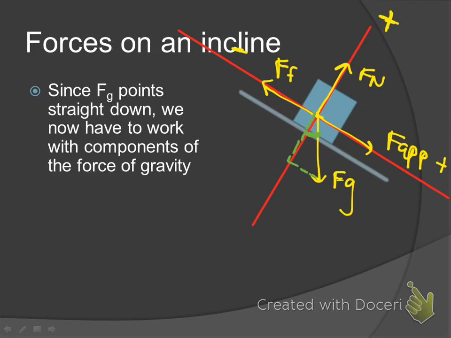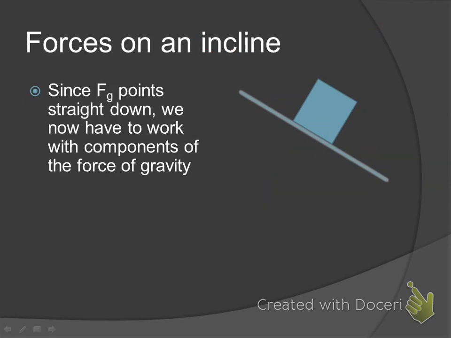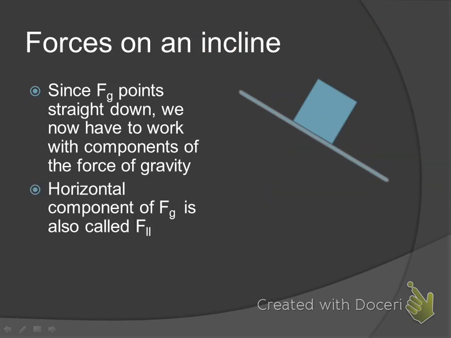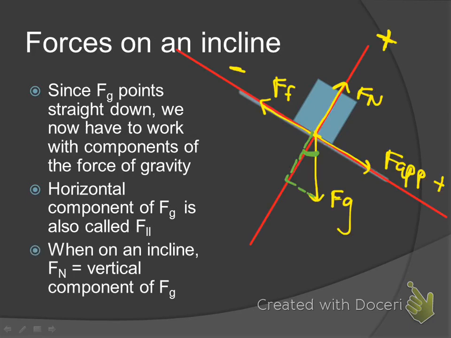And the components of this gravitational force each have a very specific name, okay? So the horizontal component of force due to gravity is something that we call force parallel, okay?